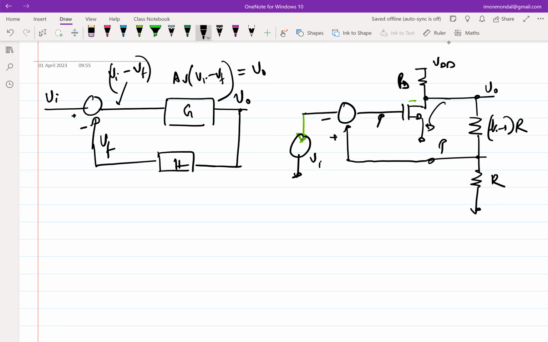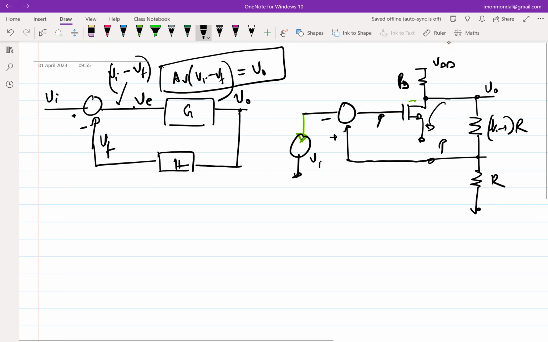What I'm asking is, with AV equal to infinity, what will this error voltage be? It will be 0, right? That's what we saw: the solution to this equation under the condition that AV tends to infinity is VI equal to VF, so the error voltage will be 0.